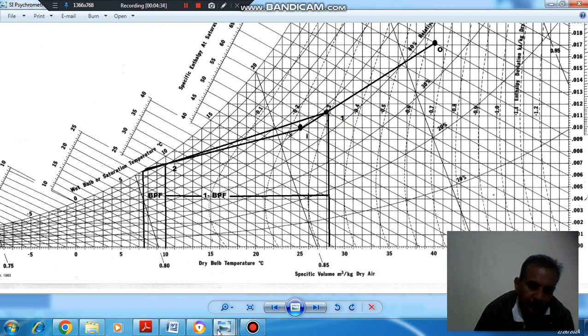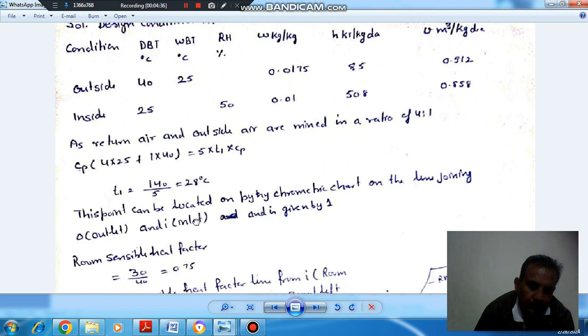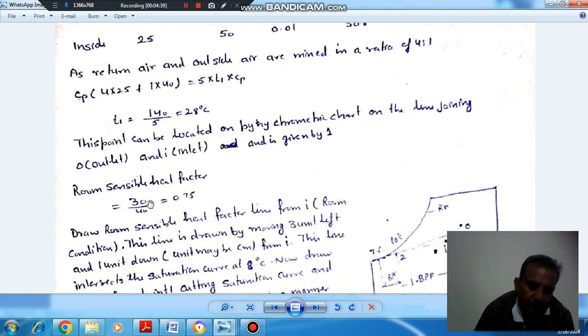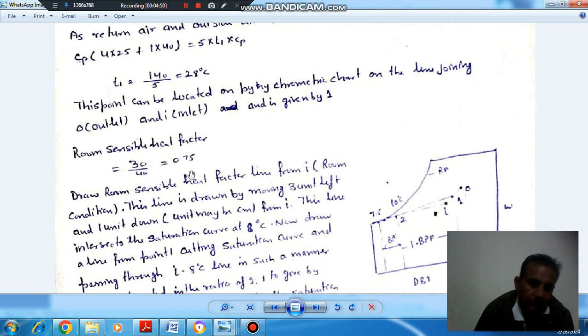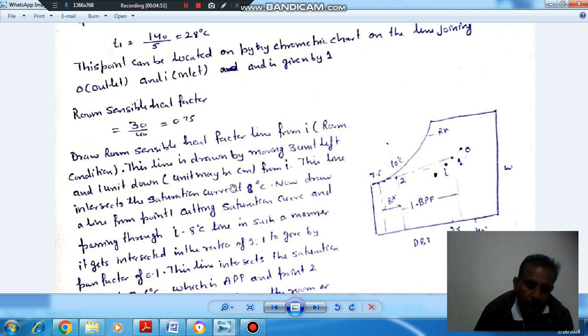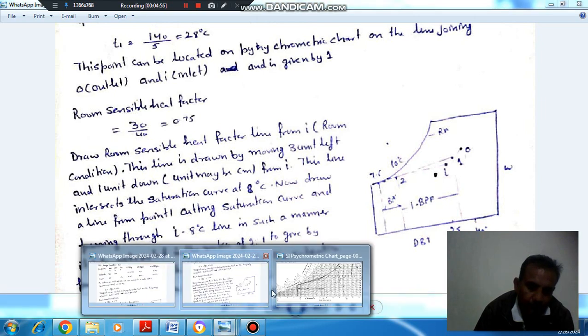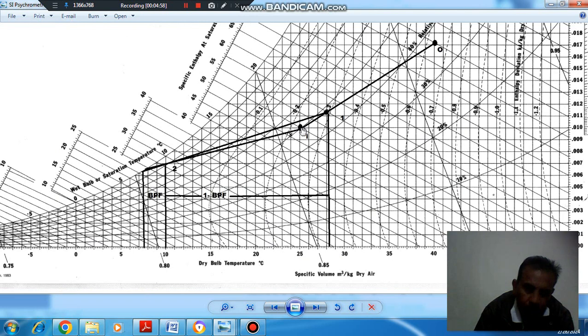Now room sensible heat is given, and room latent heat is given. So room sensible is 30 and total room heat is 40. So 30 by 40, that is 0.75, is the sensible heat factor. From the inside air condition, we can draw a sensible heat factor line, taking horizontal as 3 units and vertical as 1 unit.